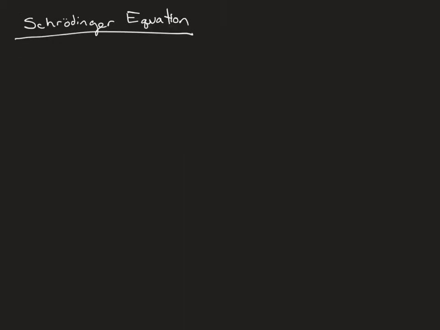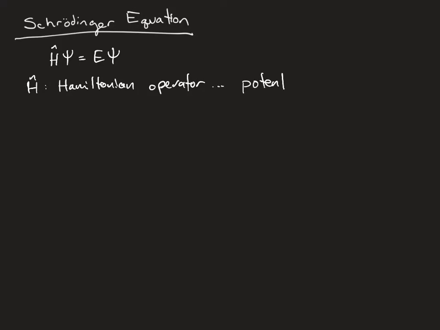We're going to start by reminding ourselves of a few aspects of the Schrodinger equation. In its simplest form, we can write the Schrodinger equation in terms of H psi equals E psi, where H is our Hamiltonian operator, and it contains information concerning the potential and kinetic energy of the system.